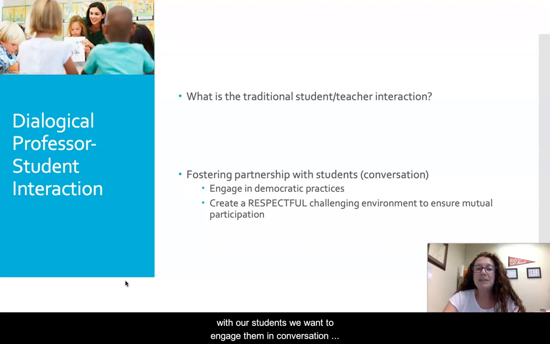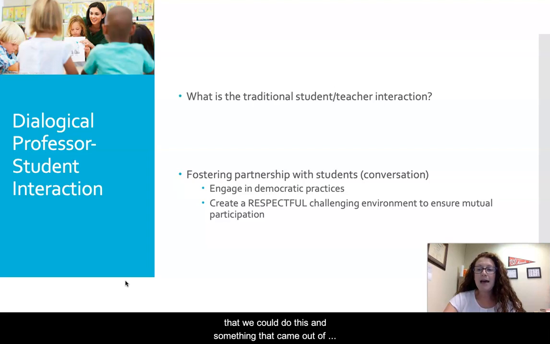We want to engage them in democratic practices within the classroom. We want to give them a little bit of ownership to both what they're learning, how they're learning, and a little bit of ownership to how things run in the classroom. And we talked about this in class, and we talked about various ways that we could do this.